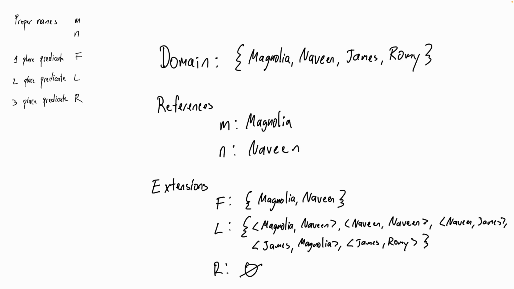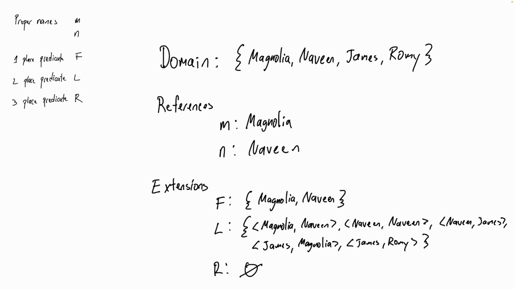Now, sometimes people ask questions like, well, how do I know what objects to put in the domain? How do I know what objects to make proper names refer to, or what to put in the extension of each predicate? But those questions don't really make sense because they're presupposing that there's a right way and a wrong way to construct a valuation for a QL language.